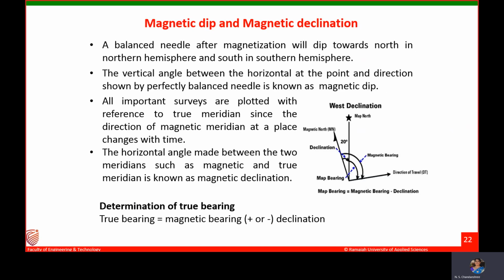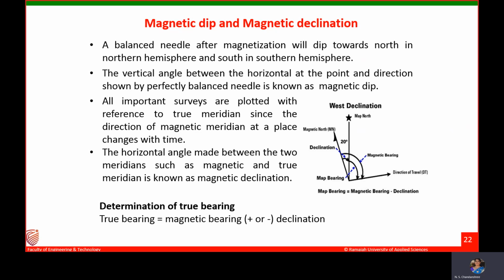Then we have something called magnetic dip and declination. The earth acts as a very powerful magnet, and like any other magnet, it forms a very huge magnetic field, which exerts a direct influence on a magnetized bar present on the earth.